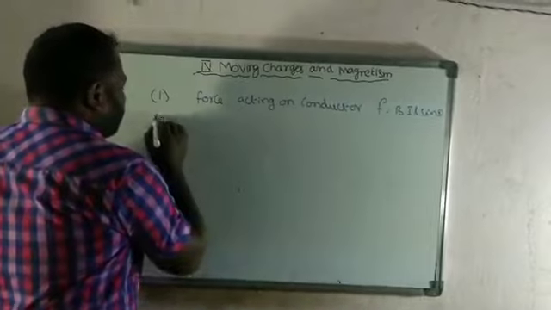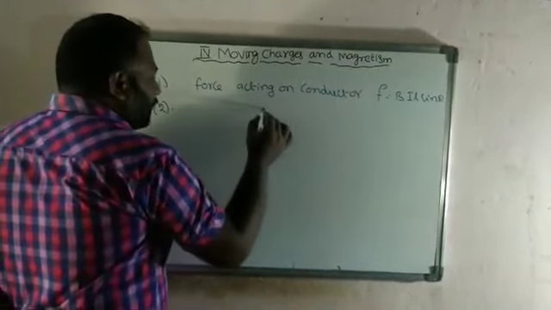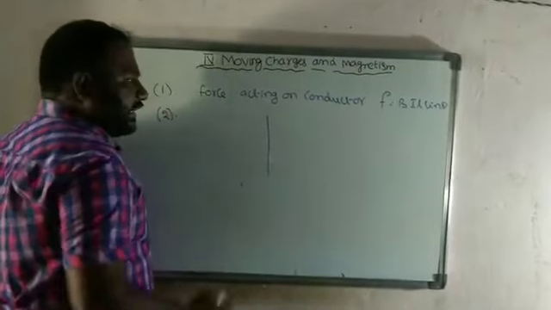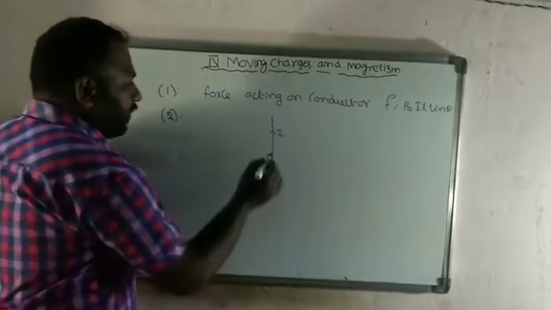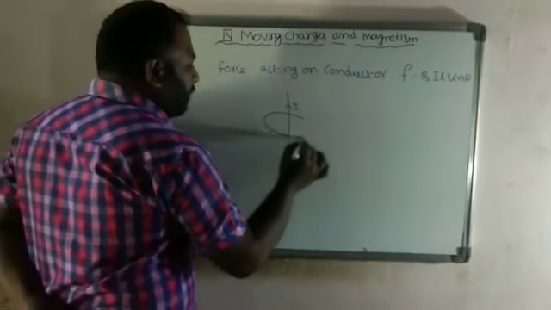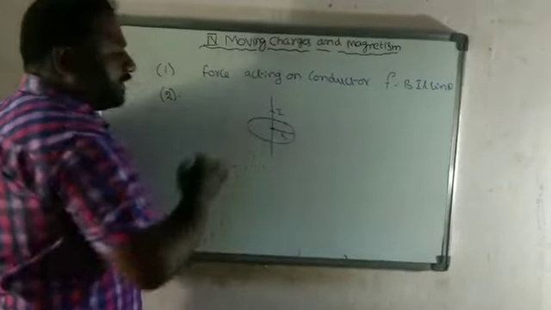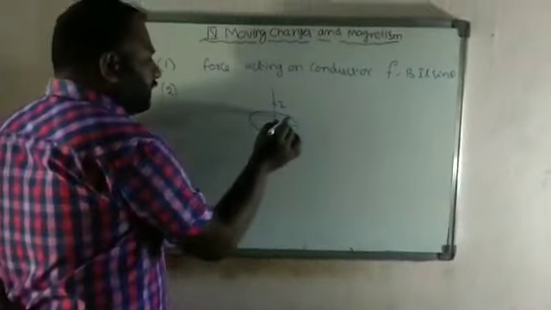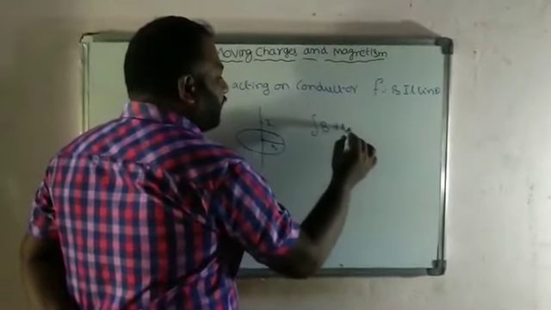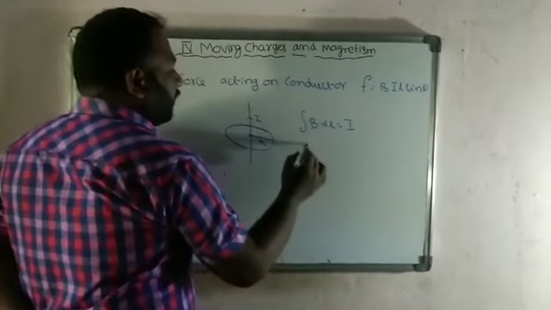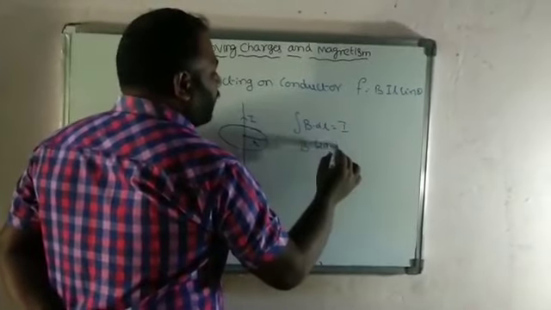And the second point we have to remember is, a straight current carrying conductor is taken, in which current I amperes is flowing. According to Ampere's law, if you consider an Amperian loop around this conductor, the integral of B dot dl is equal to mu naught I. From that, B integral dl is 2 pi r.